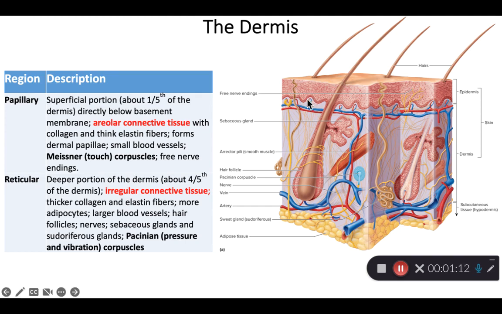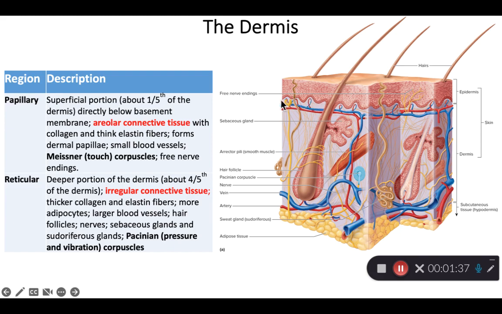They're not really waves, they're little projections of the dermis that stick up into the epidermis. Those are known as dermal papillae. Papillae or a papilla refers to a little projection. A synonym of that is a nipple shape or pimple shape. So that's what these little waves are.